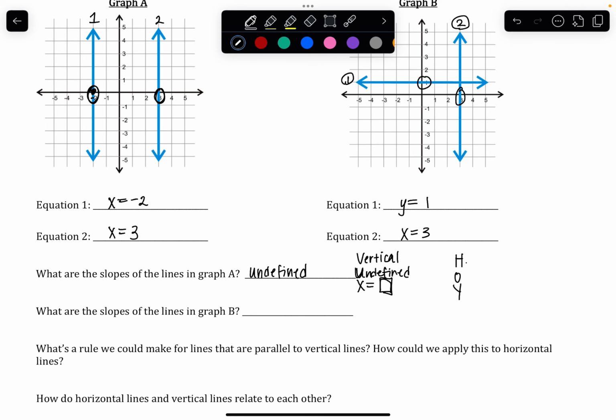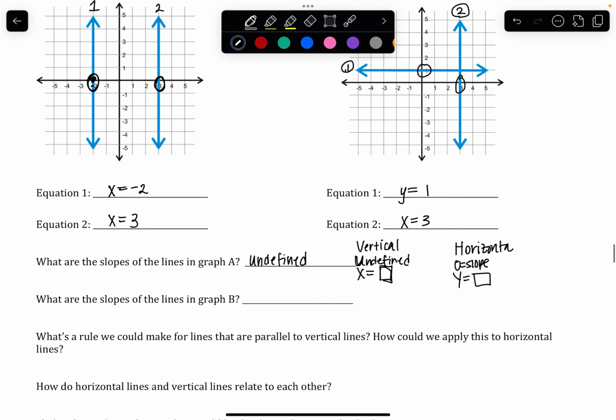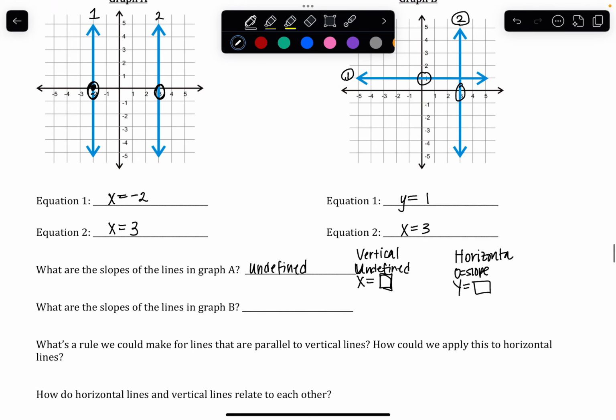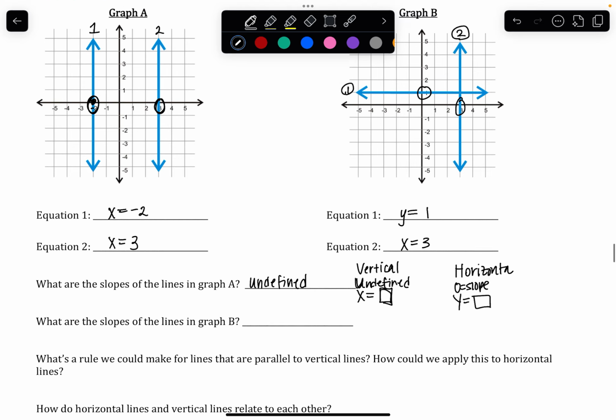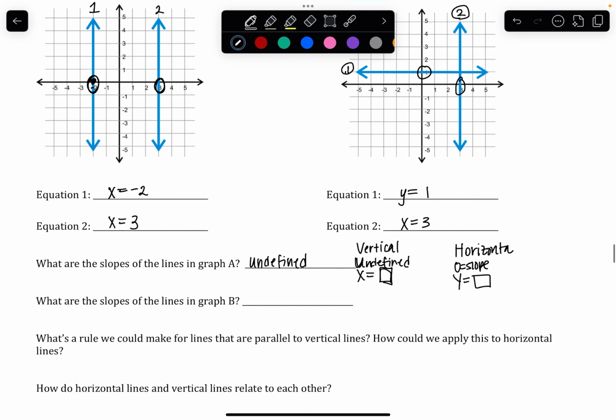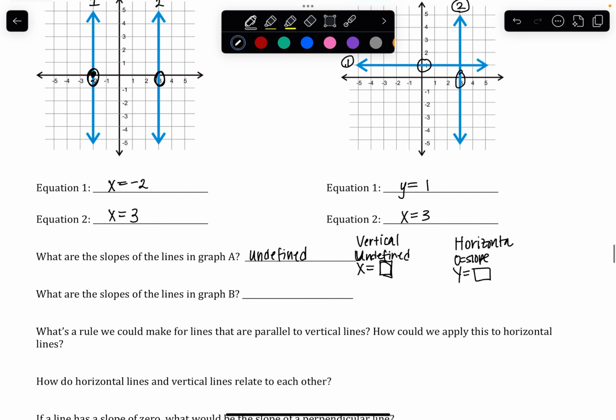So HOI VUX: horizontal, zero slope, and it's a y equals equation. If that acronym helps you, I've heard my Algebra 2 kids say that, and I think it kind of sticks with students. Okay, and so in graph B, equation 1 had a slope of 0. Equation 2 had an undefined slope.